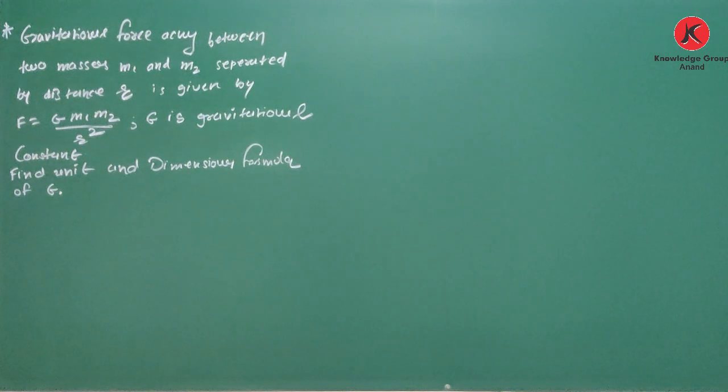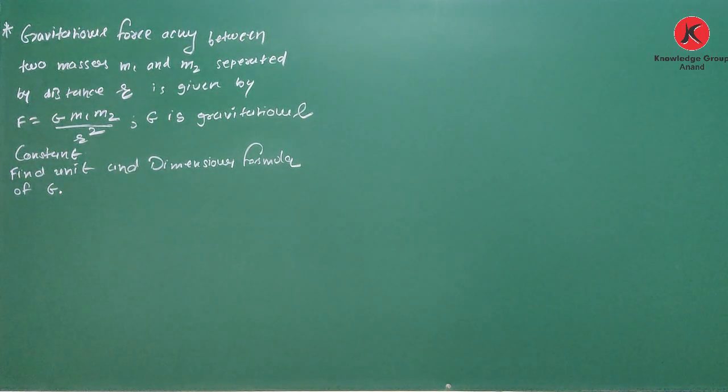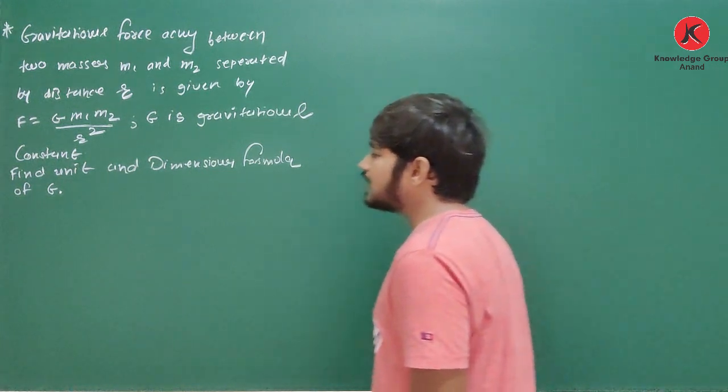Okay, what each and every quantity indicates. Again, gravitational force acting between two masses m1 and m2 separated by distance r is given by F is equal to G m1 m2 upon r square, where G is gravitational constant. Find unit and dimensional formula of G. How to find? First of all, you have to make G as subject.